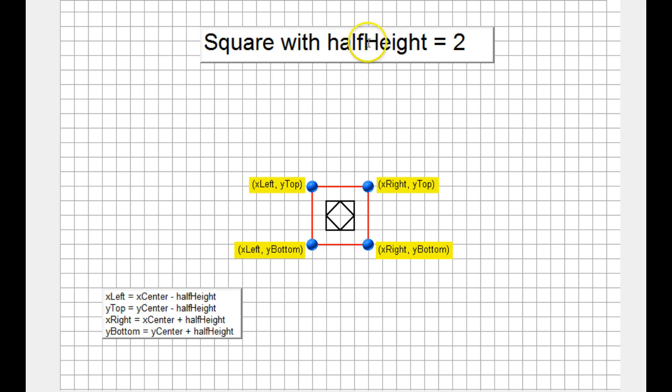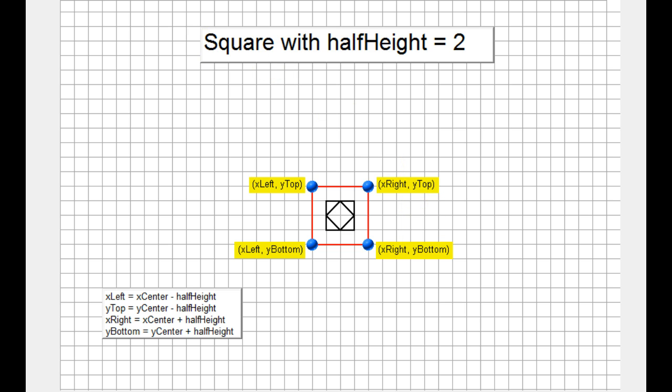What's happening here is that every time you increment half height, notice that the height of the inner square here is 2, the height of this outer square is 4. So every time you increment the half height by 1, you increment the total height by 2. That makes sense.